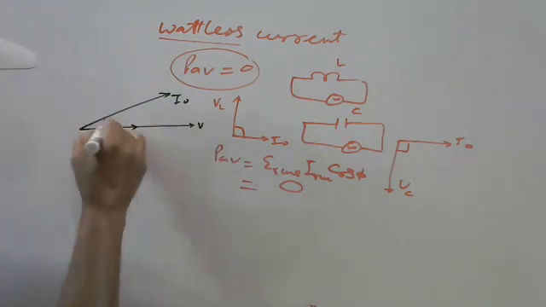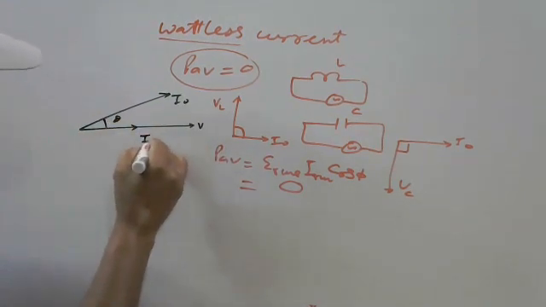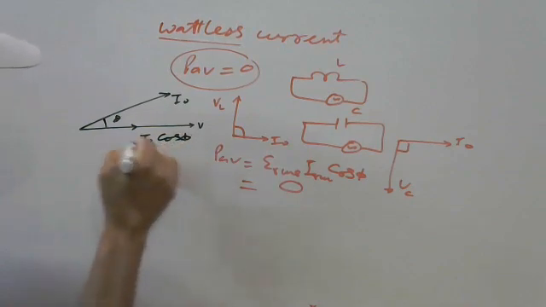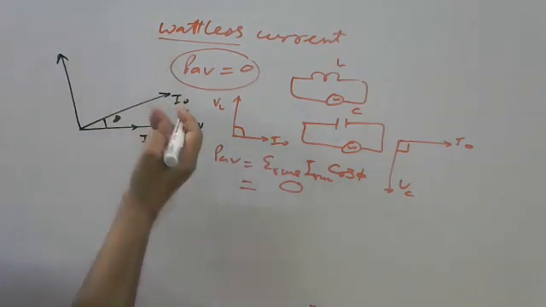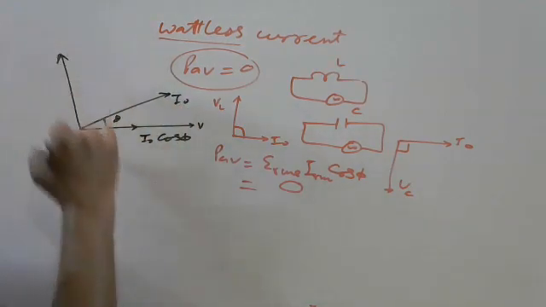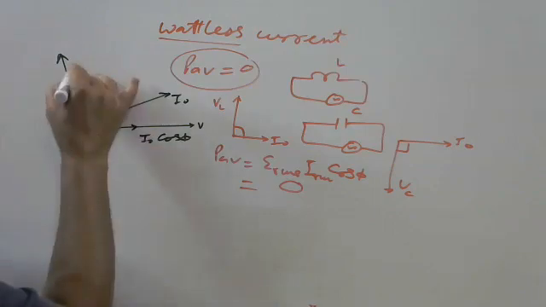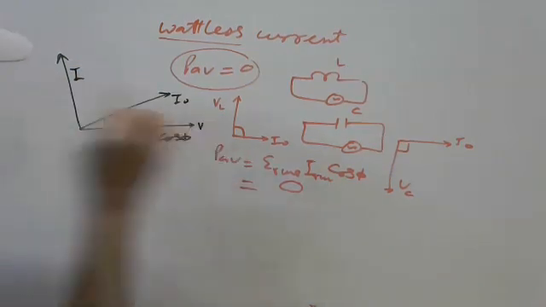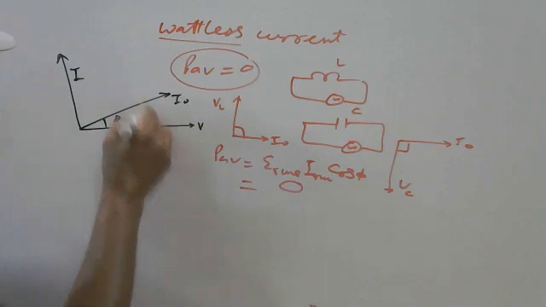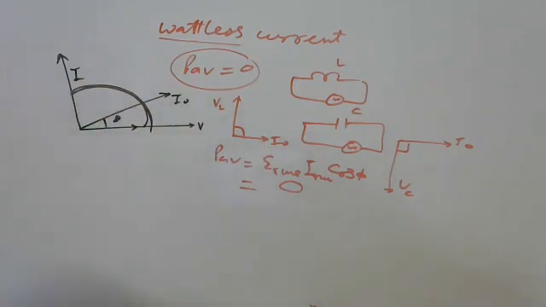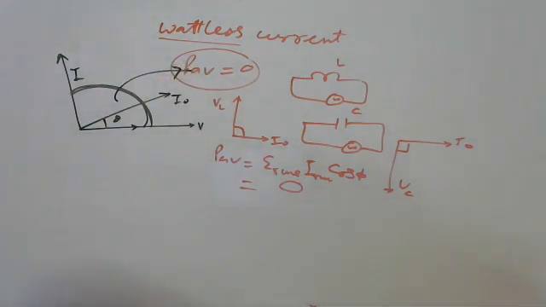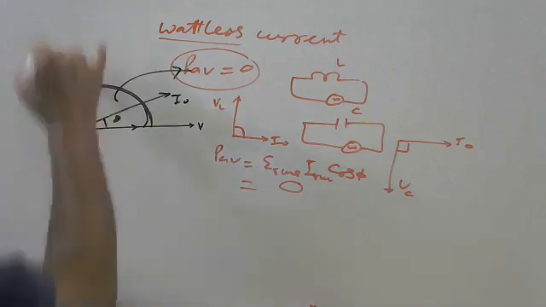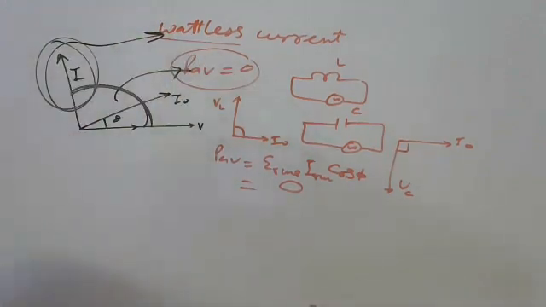If you resolve it in this I0 cos phi, and here suppose this is phi between the voltage and current, and this particular current and the voltage, suppose these two are what? Perpendicular. So any current perpendicular with voltage will give you 0 power. It is called wattless. This particular current is called wattless current.